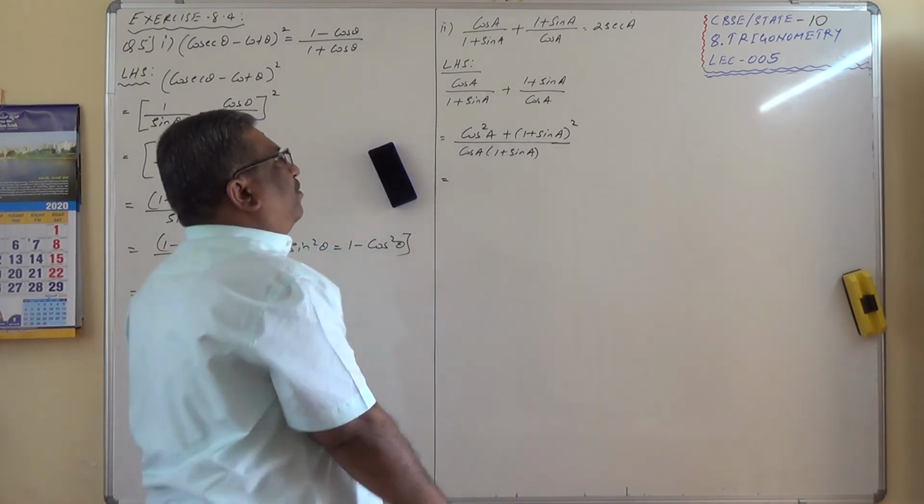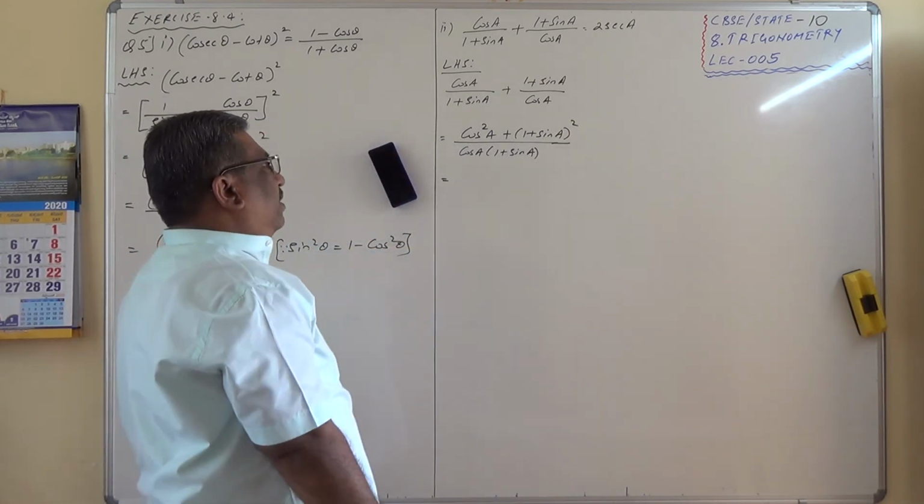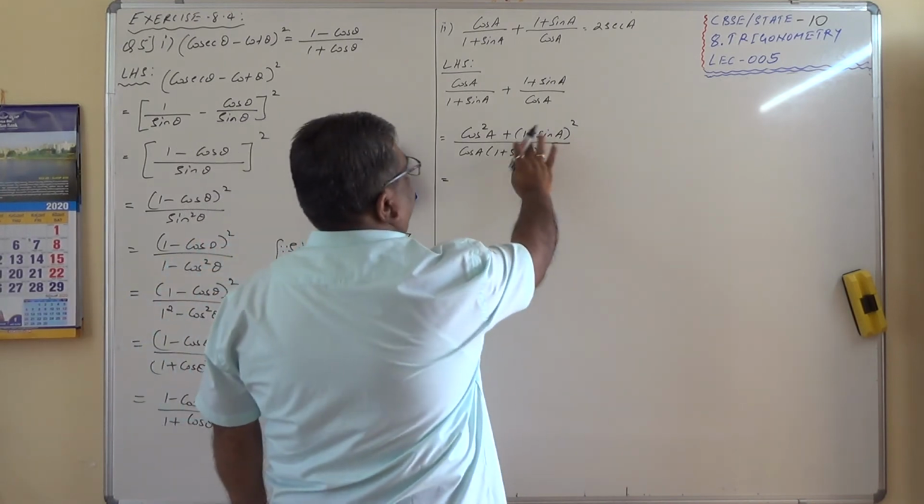What is to be proved? 2 times secant A. So we'll try to expand this.